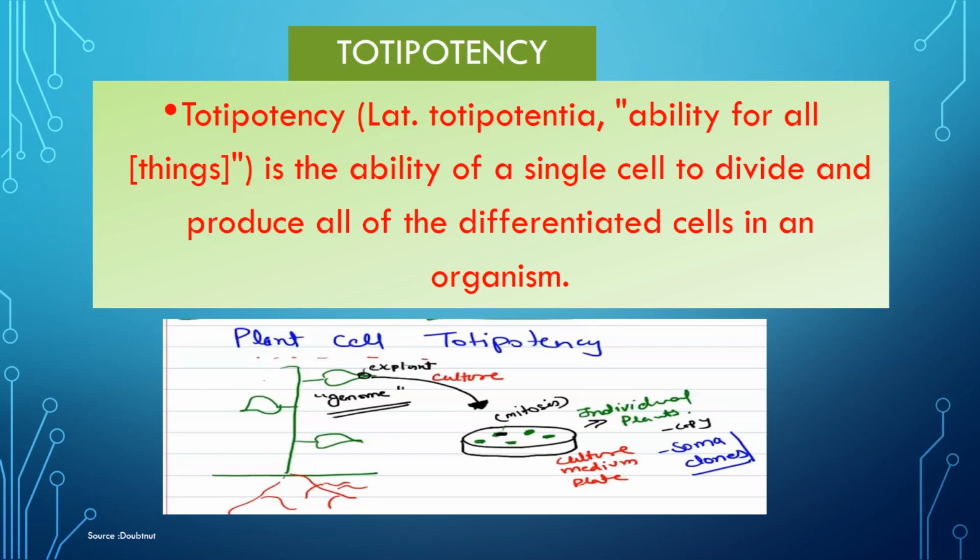Later, depending on the concentration of the auxins and cytokinins present in the culture medium, root and shoot growth will be encouraged respectively. This property makes it possible for us to use several parts of the plant as a source of an explant.